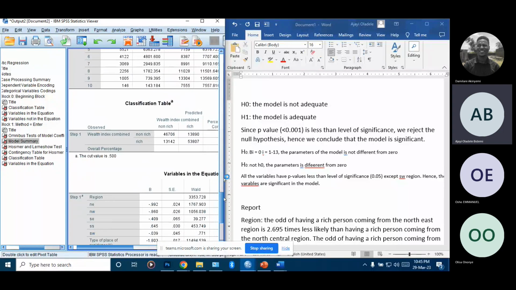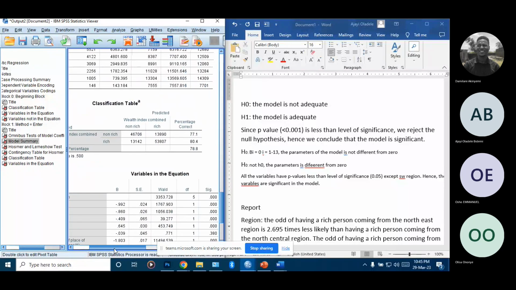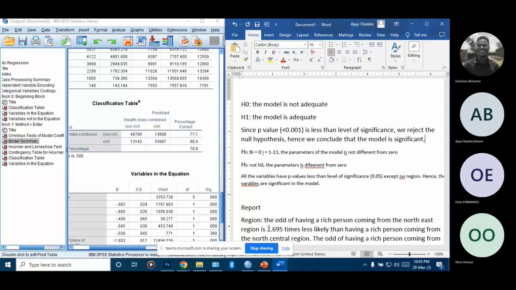Now, for this classification table, you can say a lot of things about specificity and sensitivity, about true positive and true negative. The reason I jumped to the report of this one is because it's the most important and is where most people find difficulty. I hope that helps.